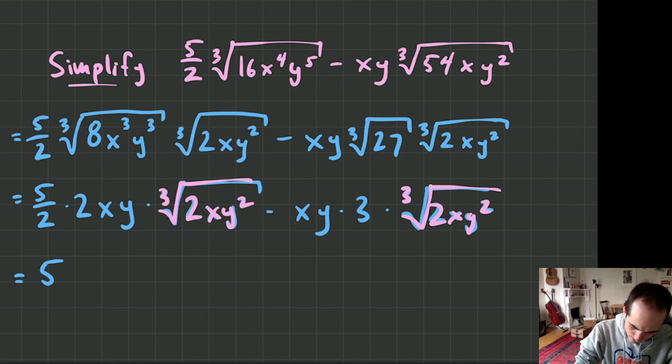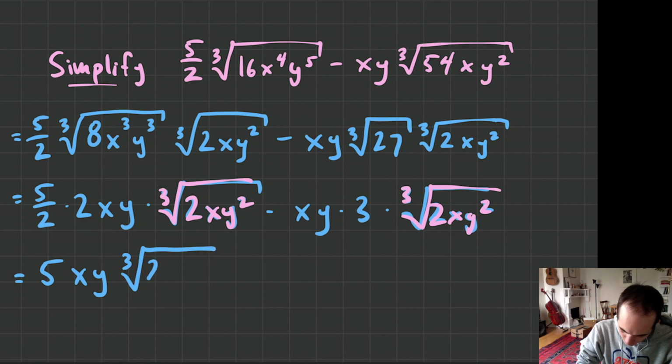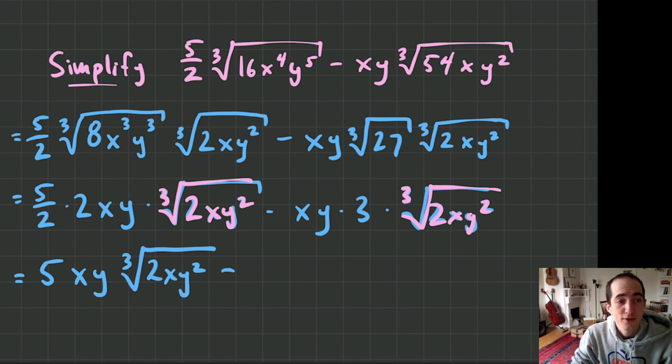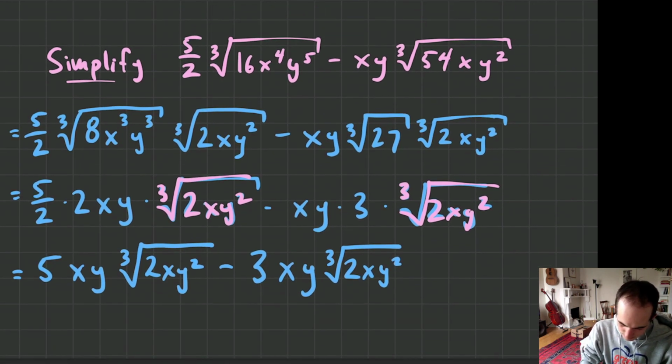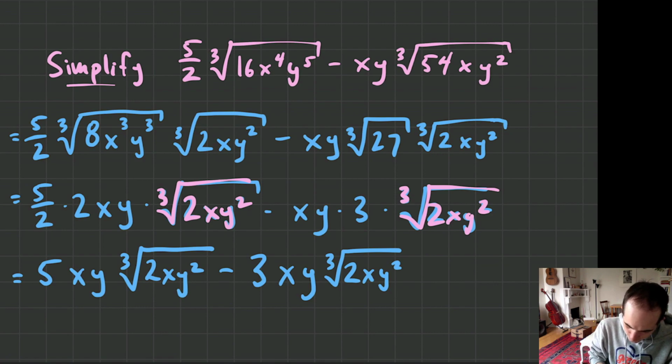And so I've got 5xy times the cube root of 2xy squared minus, and then really all I'm going to do on this one is just move the 3 out to the front. Because it's customary to put the coefficient in front of variables, right? So we'll write 3xy times the cube root of 2xy squared. Okay, that looks good. And it looks like I've got just enough room to finish this off.